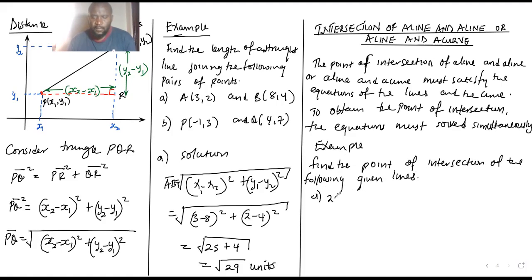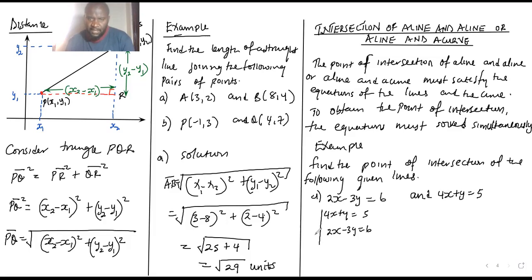A: 2x minus 3y is equal to 6, and 4x plus y is equal to 5. So to solve simultaneously, we have 4x plus y is equal to 5. We have 2x minus 3y is equal to 6.